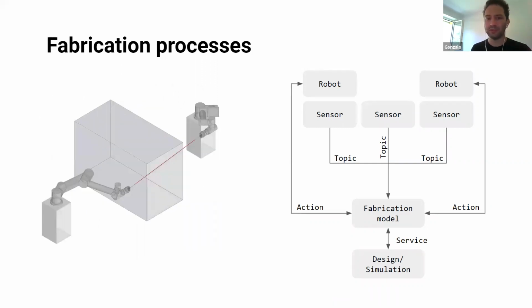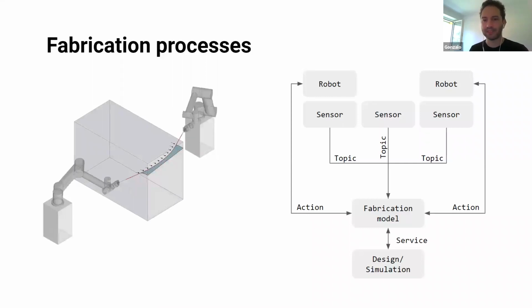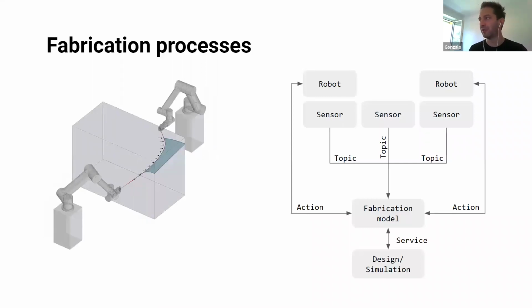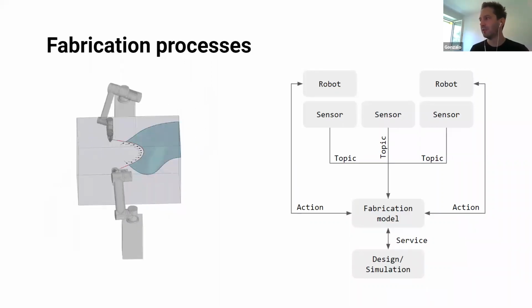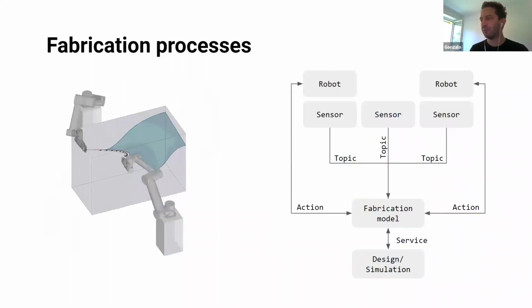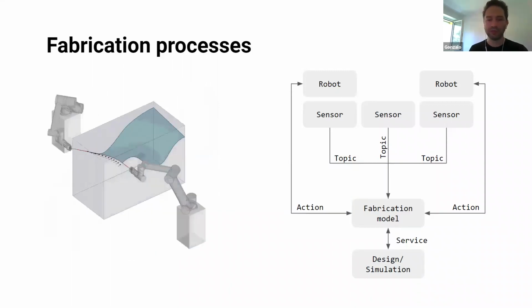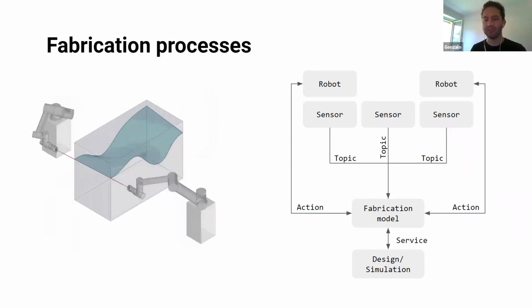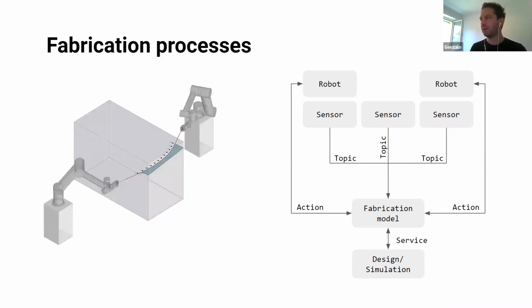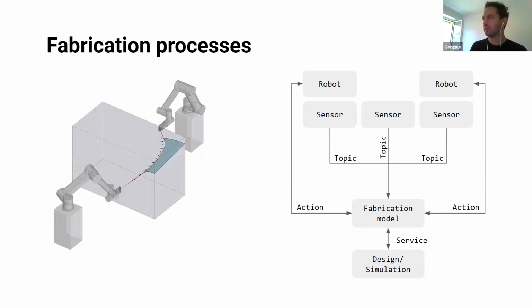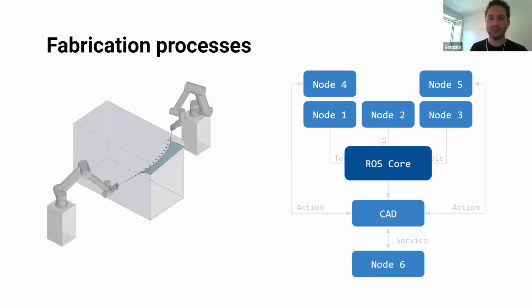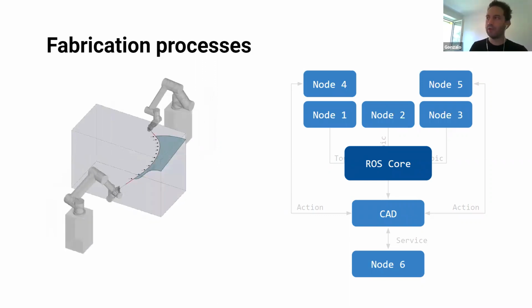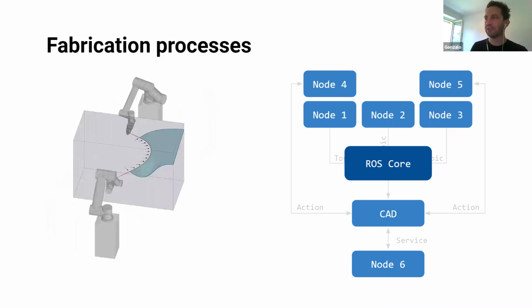So on the right, you see a stereotypical fabrication process where you have a couple of robots, or sensors, and a fabrication model, which probably runs in your CAD, and some design simulation that you need, especially for collision detection or path planning. And the way this would map onto ROS is you have a ROS core that is the coordinator of all these things, and all these little parts are interconnected as nodes.